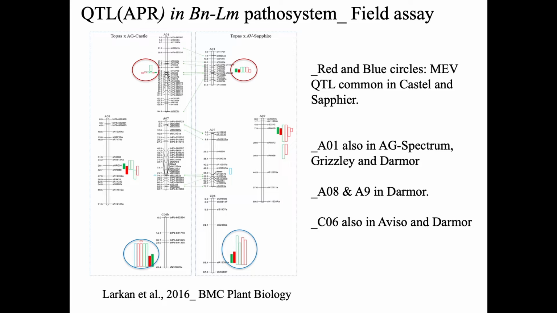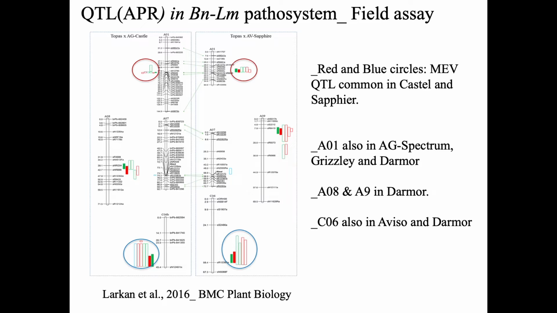Both of these populations were tested under the field in Australia, over 4 years of study, at several different locations. We published the result of this work in 2016, and we were able to identify several QTL that are consistently coming up in multiple locations.